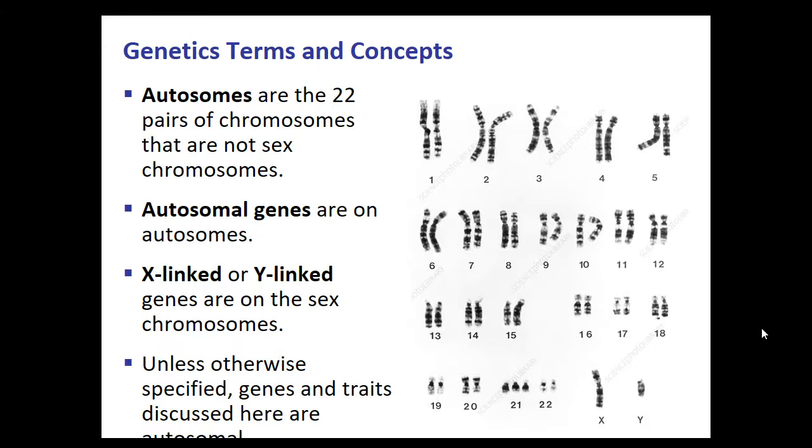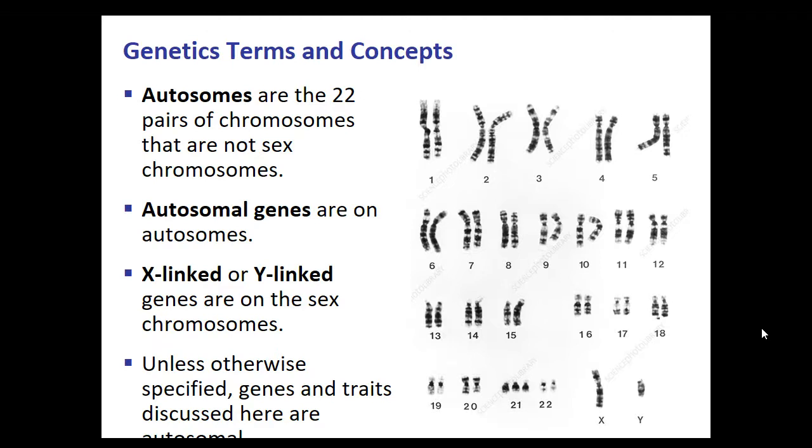It's a little more complicated with X and Y, because females have two X's and males have an X and a Y. So if you're a male, you got your Y chromosome from your father, always, because your mother didn't have one. But you get your X chromosome from your mother, and she had two, so you get one or the other. It's a little bit different from the autosomal, but we can still make predictions.